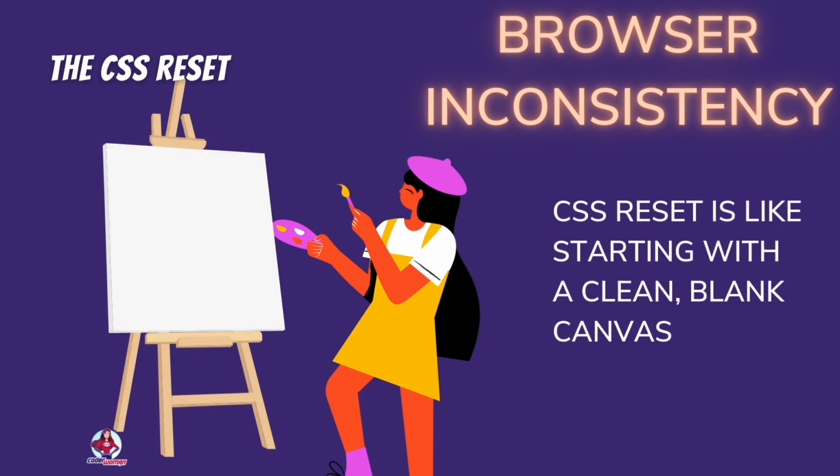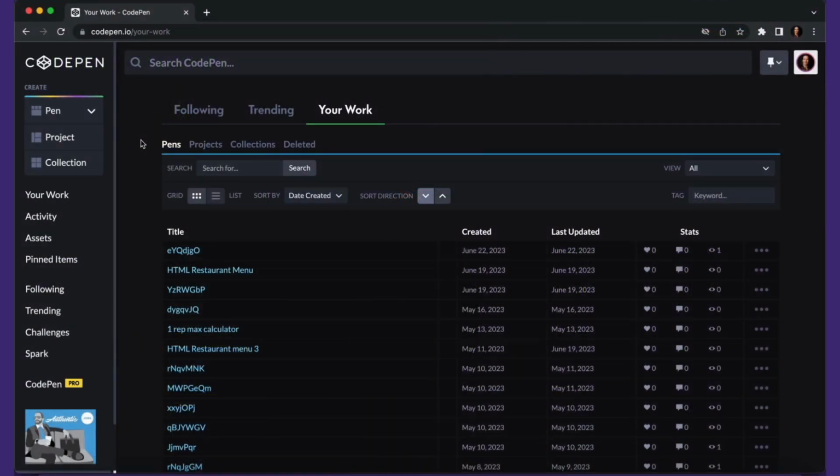Reset CSS is like starting with a clean blank canvas. It removes the browser's default styles, giving you a consistent baseline to work with so your design looks the same across different browsers. Alright, so how exactly do we reset CSS? It's pretty simple. Let's go to CodePen to see how it works.